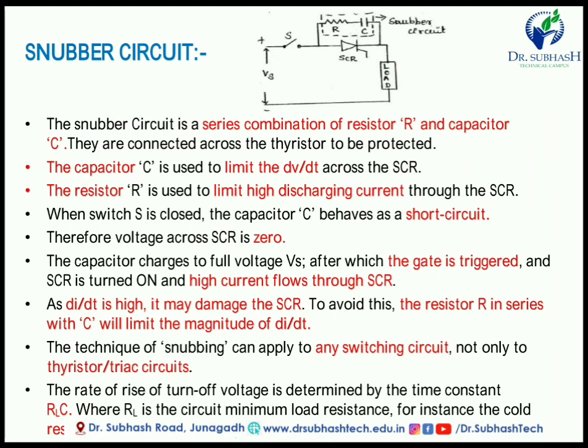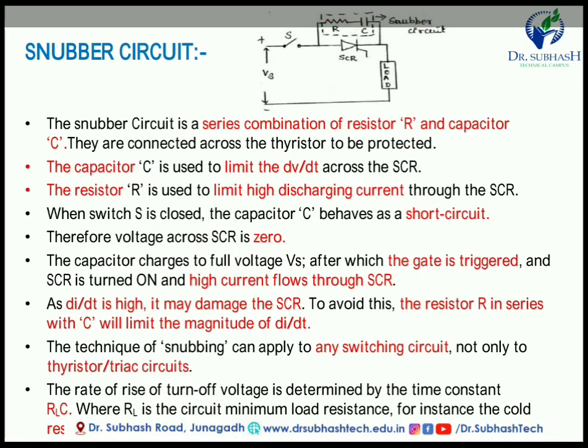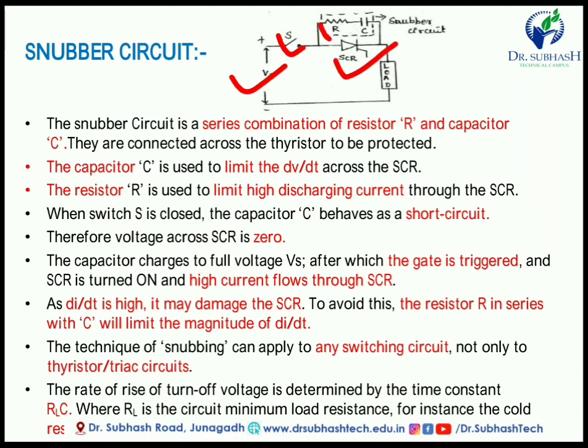Next, let us understand the snubber circuit. In the previous slide we saw this snubber circuit, where Vs is our input voltage, this is the switch, then the SCR, then resistor, capacitor, and this is the load. The snubber circuit is a series combination of resistor R and capacitor C. They are connected across the thyristor to be protected, as we discussed previously.